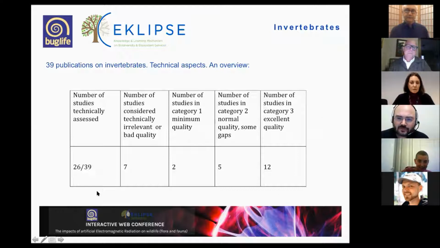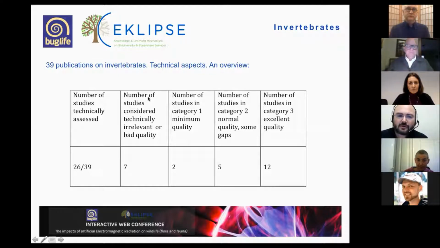The table you see here is actually the outcome of the technical aspects, from the technical experts. Due to time constraints, they only managed to look at 26 out of the 39 publications on invertebrates.